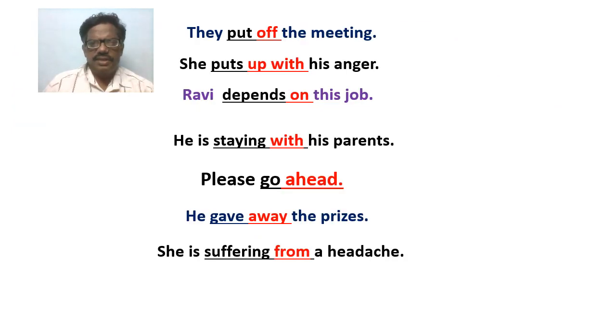In this set of examples, in the first example, the multi-word verb put off is called a phrasal verb because the particle off can be separated and can be placed after the object, the meeting.